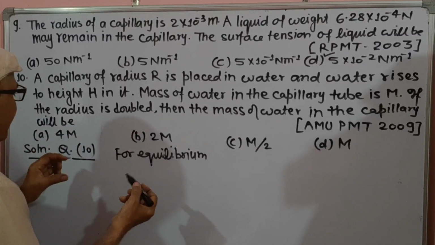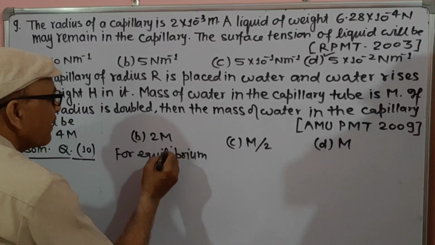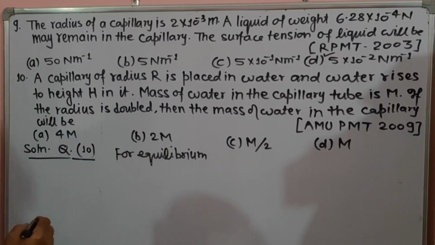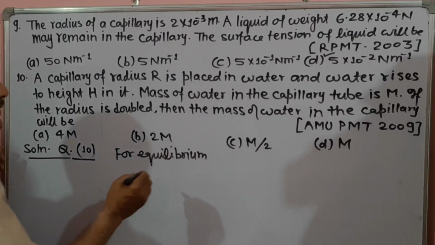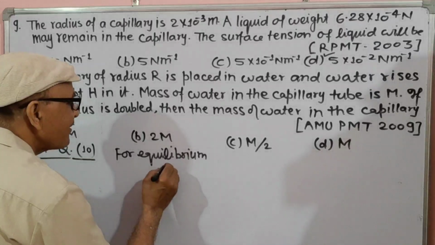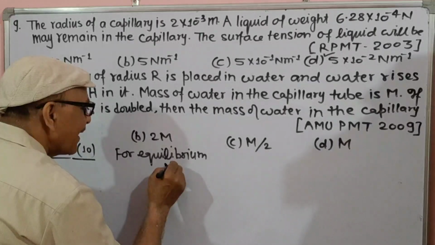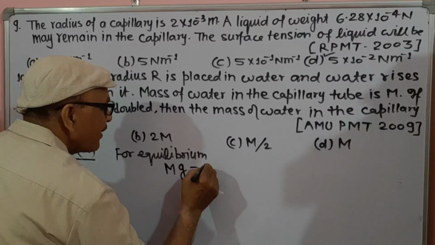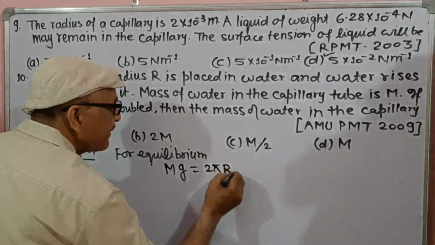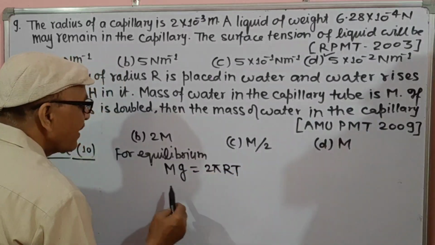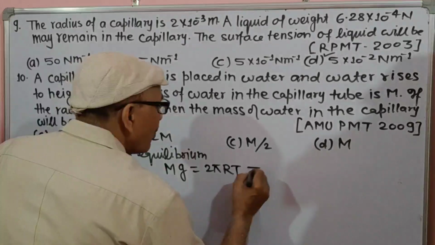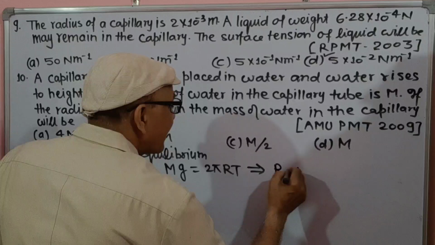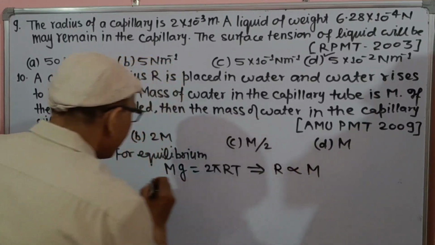For equilibrium, the upward force due to surface tension is equal to the downward weight of liquid in the capillary. Therefore, m into g will be equal to 2 pi r into T, which means that r is directly proportional to m.